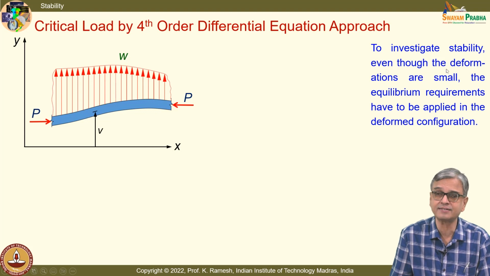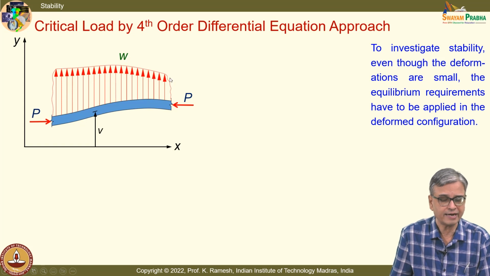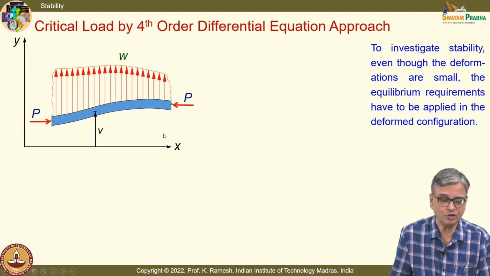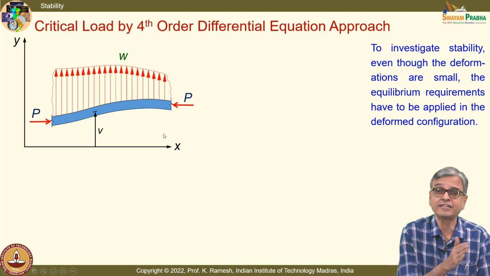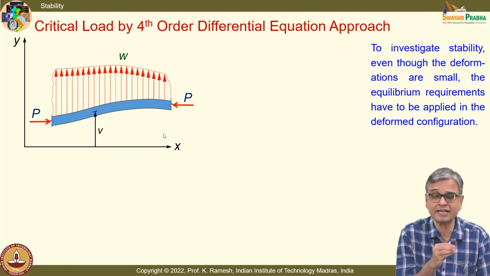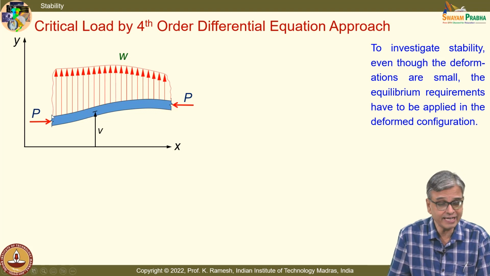So, I have shown the beam which is subjected to a transverse load W, and I have this compressive load applied. I have shown this as deflected. We have also analyzed the interrelationship between shear and bending moment, where we have taken a load W. There we would have taken this as straight.